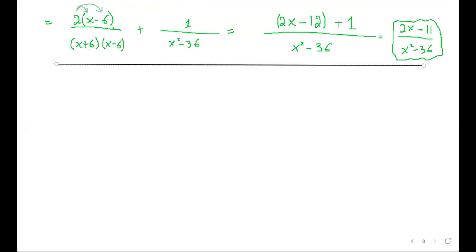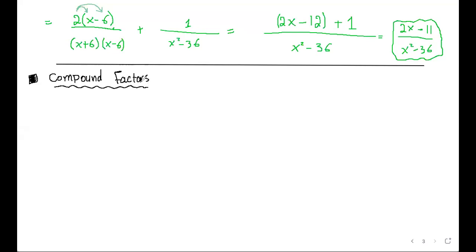Now let's go to something new. It's called compound fractions. What does compound fractions mean?